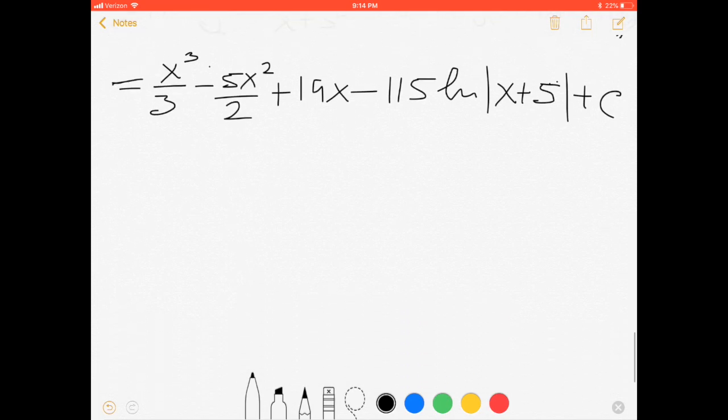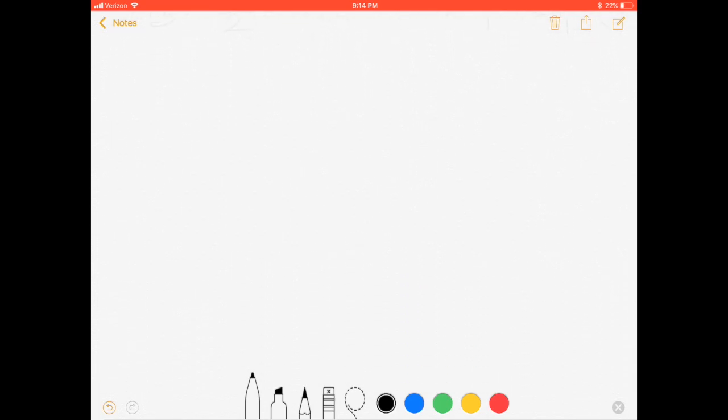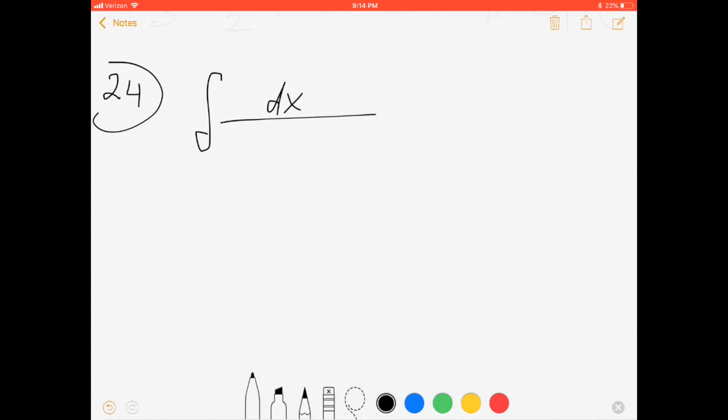One more example similar to your homework is number 24. What happens if you have dx over x to the power 2/3 times 1 plus x to the power 1/3?